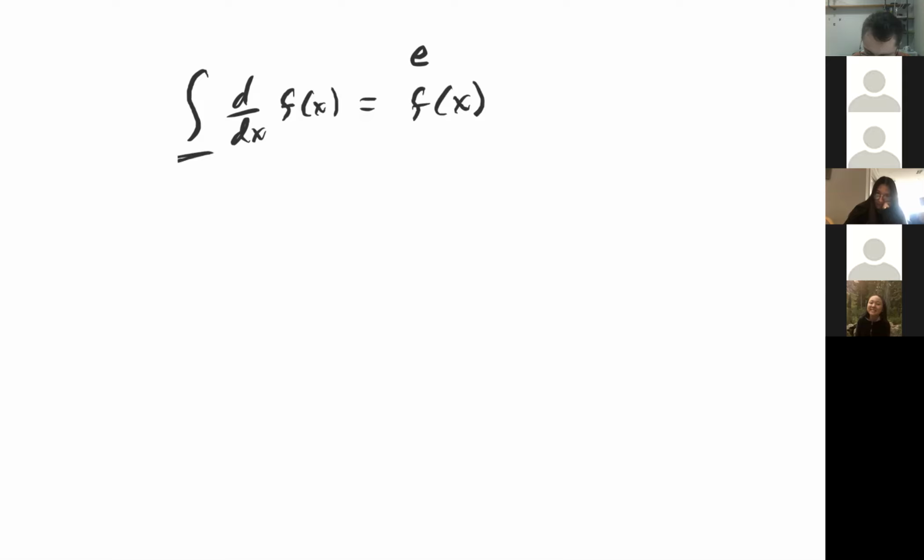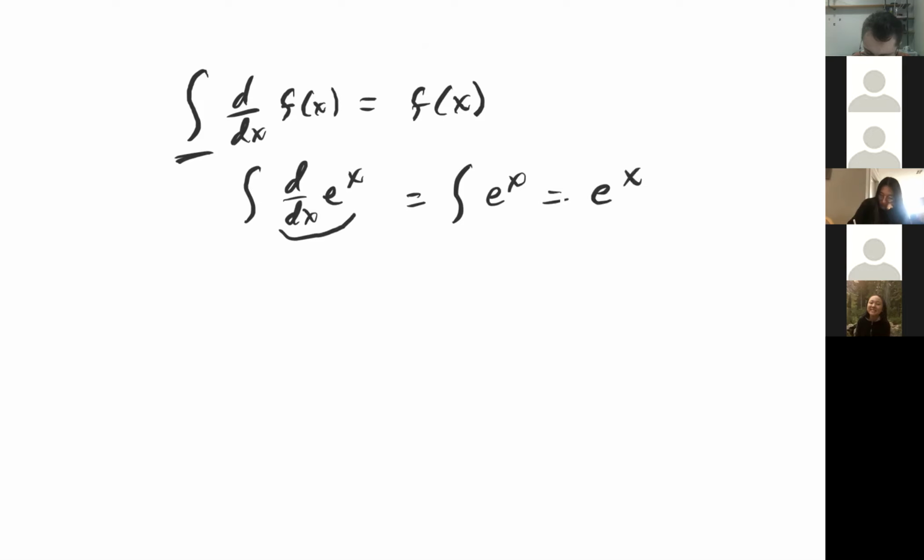Or this is the antiderivative. And so if we want to take the integral of the derivative and get back the function, let's start with e to the x. If we take the derivative of e to the x, we get e to the x. And so the integral of e to the x must just be e to the x, or the antiderivative, right?